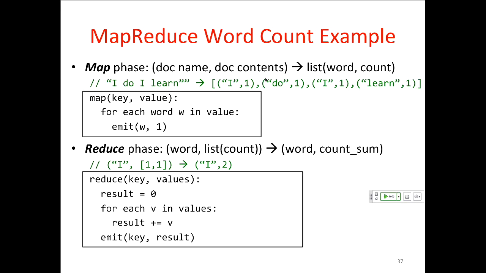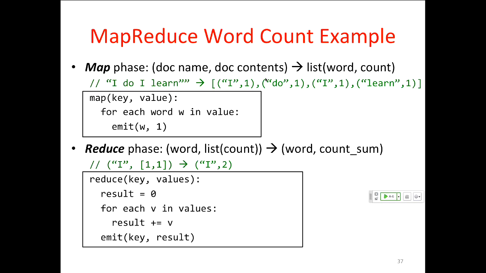For the map phase, we have the document name as an input key, and we have the document content as the input value, and then it will produce the list of word and count pairs. So if we have "I do I run", then we have word and count pairs. There might be some duplicates, and these will be reduced by the reduce function.